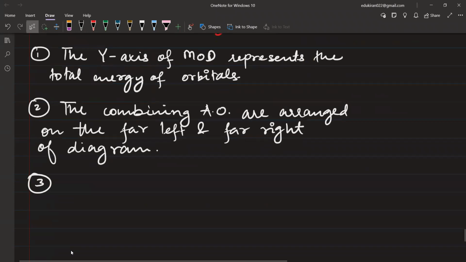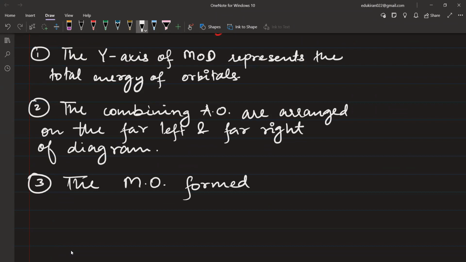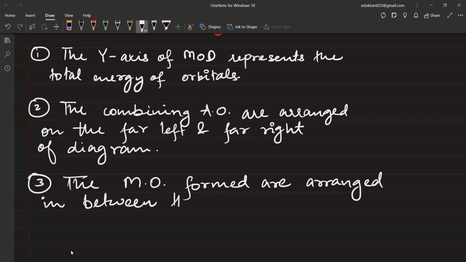Third, the MOs formed are arranged in between the atomic orbitals. MO means all the molecular orbitals. Okay, all the molecular orbitals.